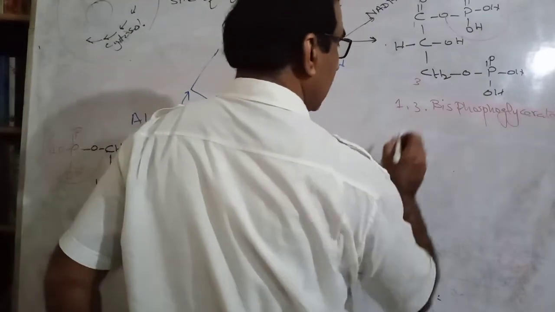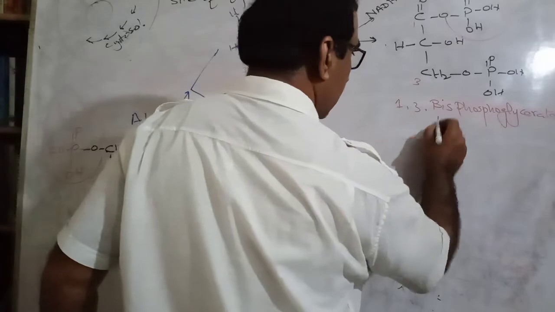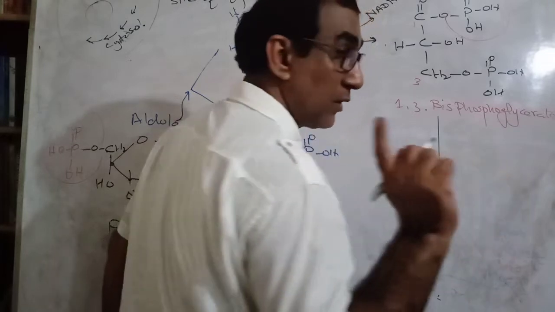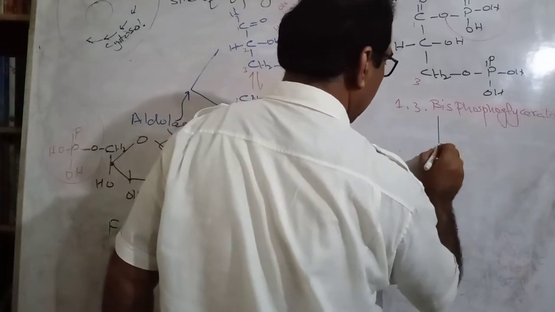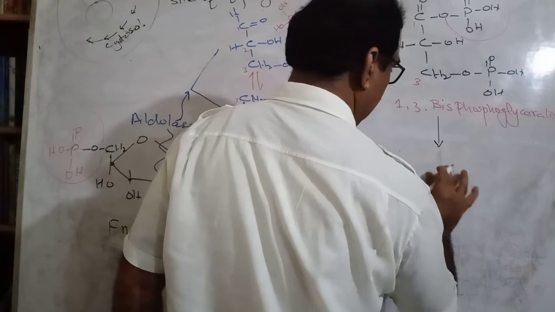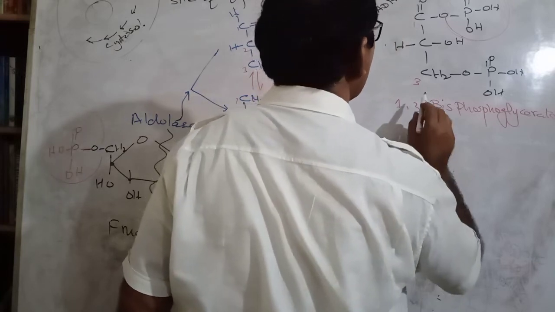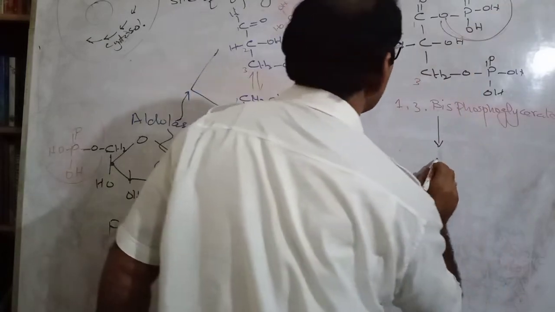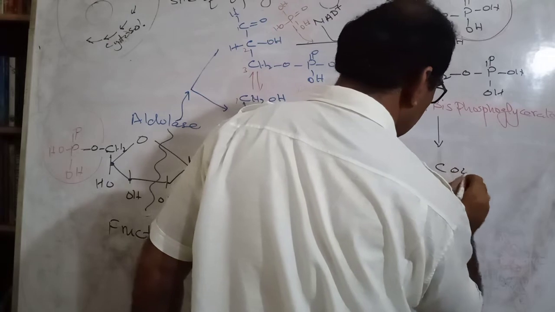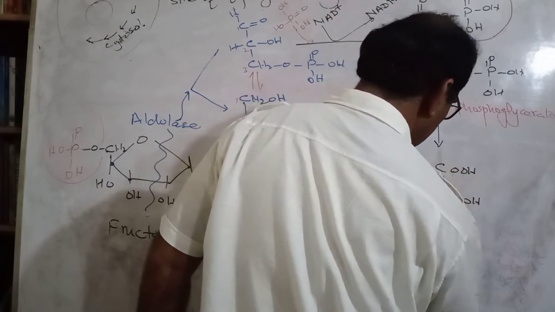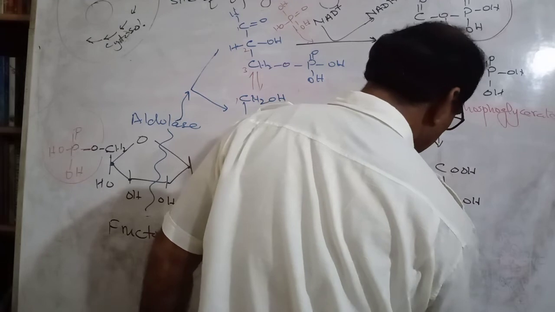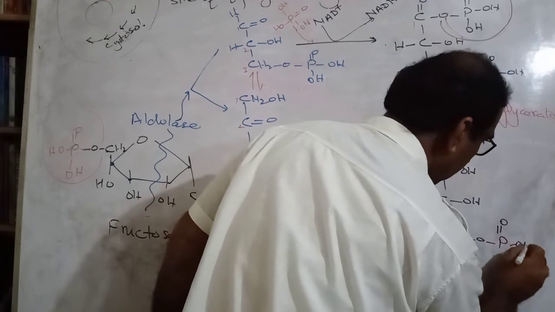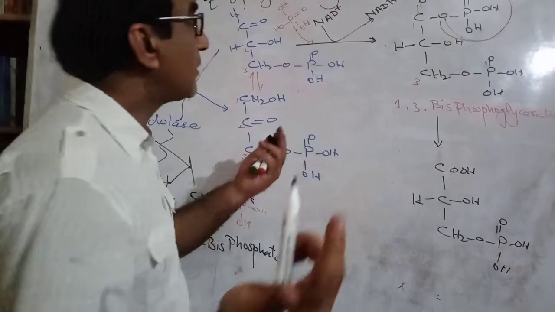From 1,3-bisphosphoglycerate, what is formed? 3-phosphoglycerate is formed. 1,3-bisphosphoglycerate undergoes the biochemical reaction and forms 3-phosphoglycerate, and where is that phosphate?